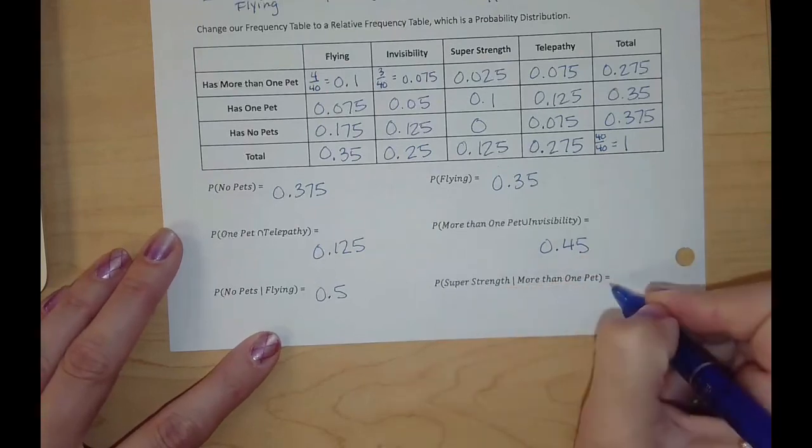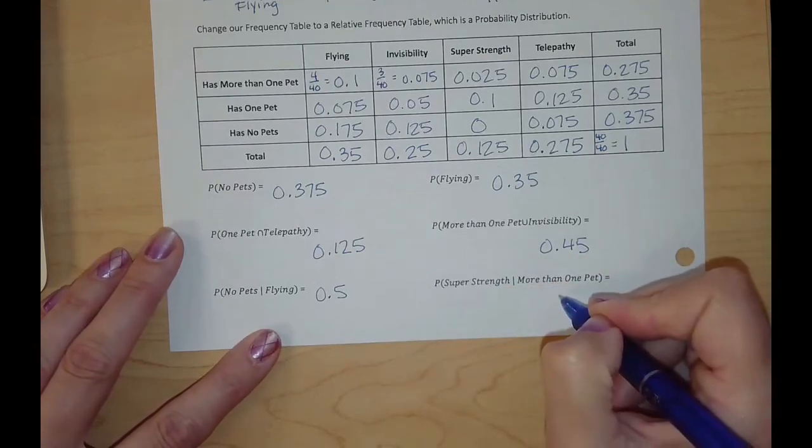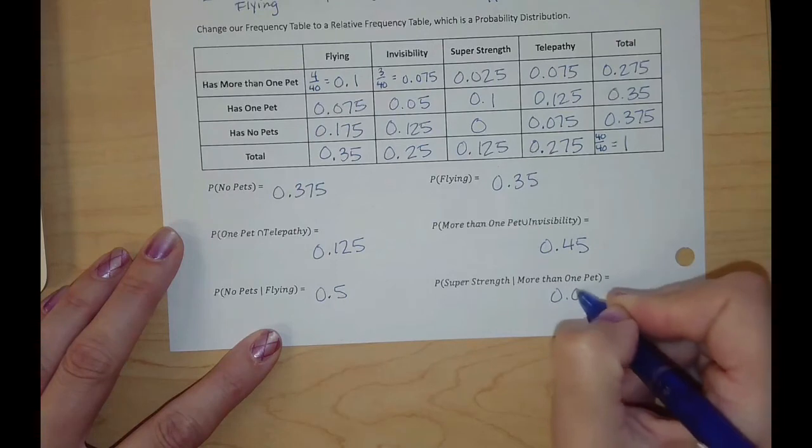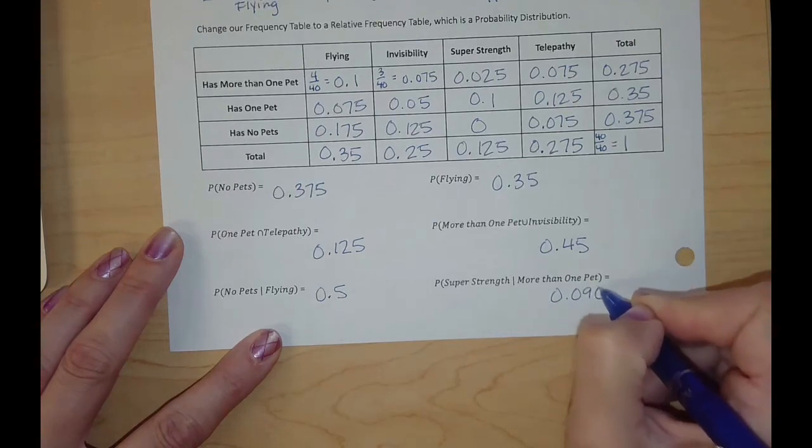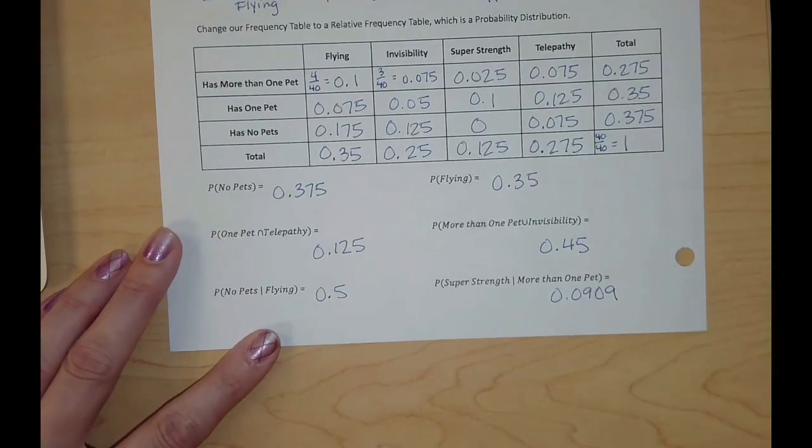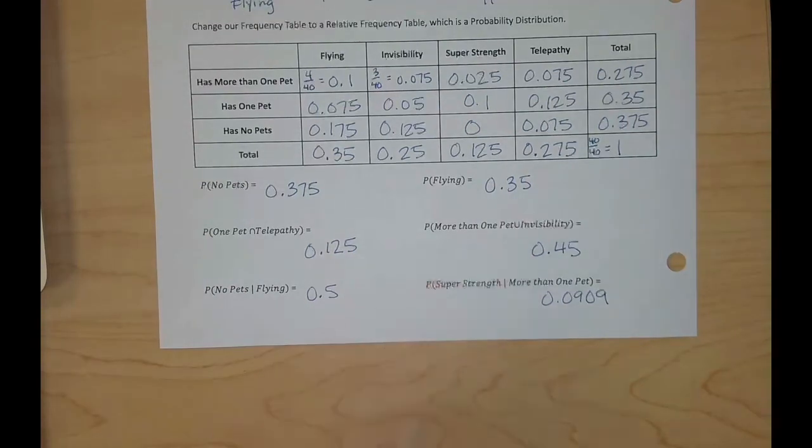And the given here, more than one pet, is 0.0909. We already did all of these decimals up above, but this kind of table is where you don't have to, it's already pre-calculated. It just makes it faster for the things that you want to know. All right, that is the whole video, and we will practice more in class.